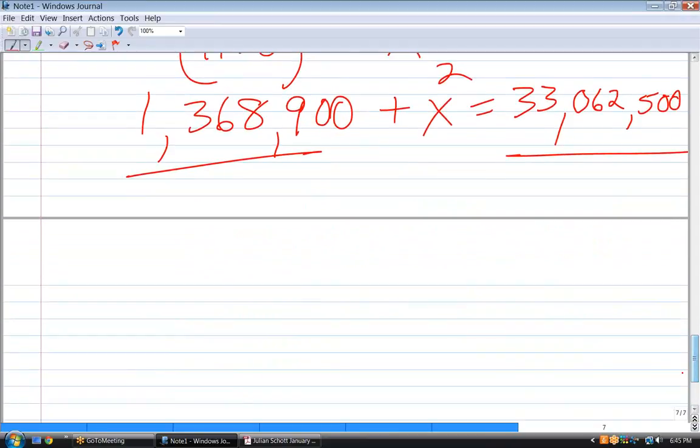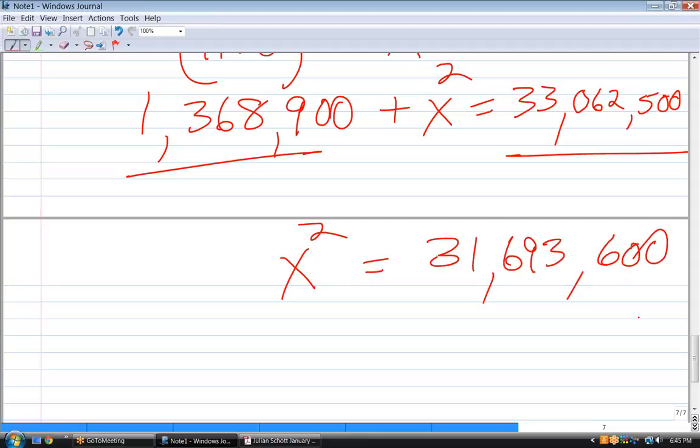We don't want to spend too much time on arithmetic here, but it's important to do one of them. 31,693,600. Now what's x? So you've got to divide that by 2? No. Take the square root of both sides.